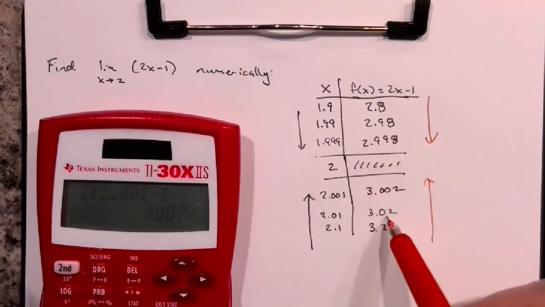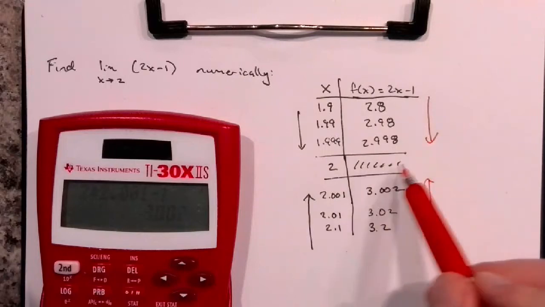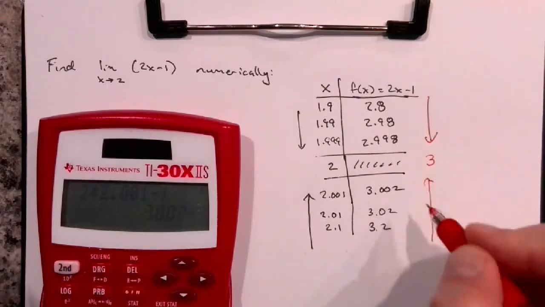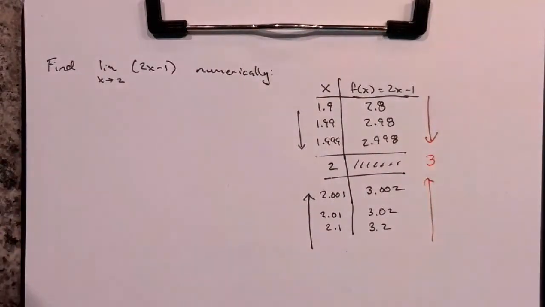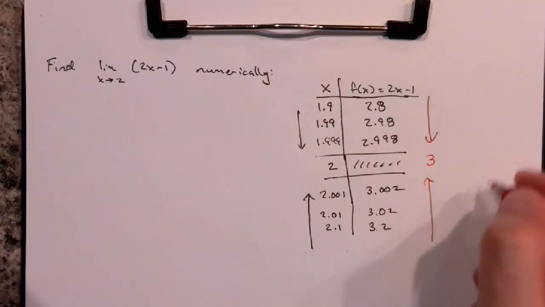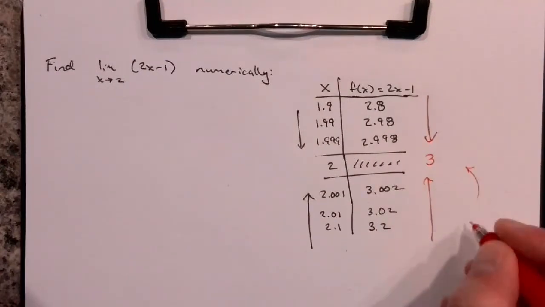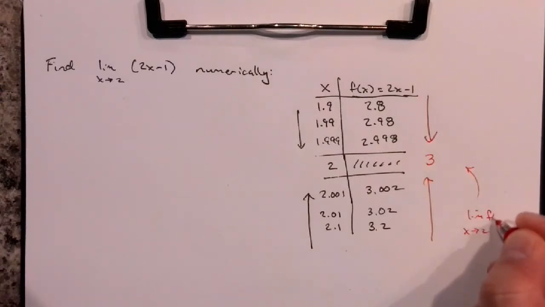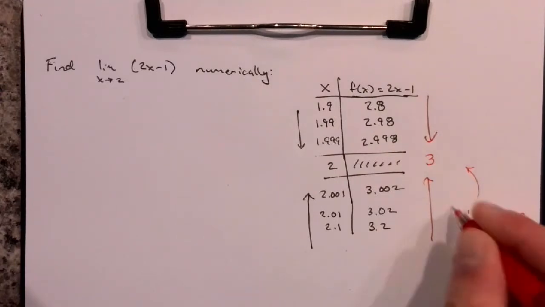Here, 3.2, 3.02, 3.002. What number are they getting close to? Well, it appears they're getting closer to a limit of 3. So this is where we get the limit numerically, right? The limit as x approaches 2 of f of x equals 3.